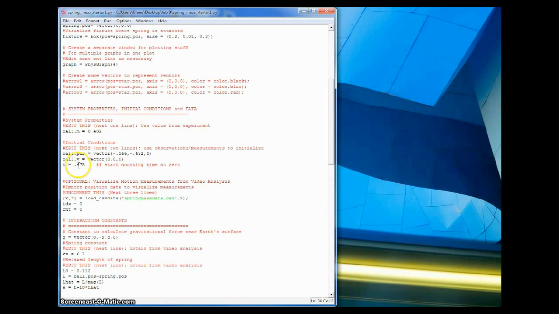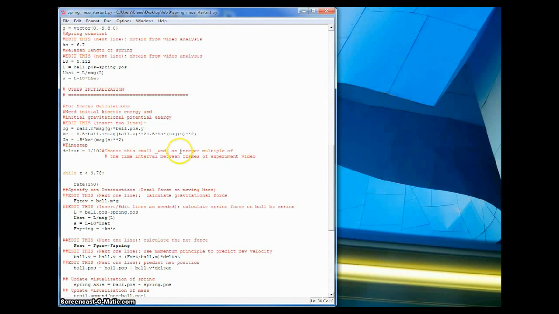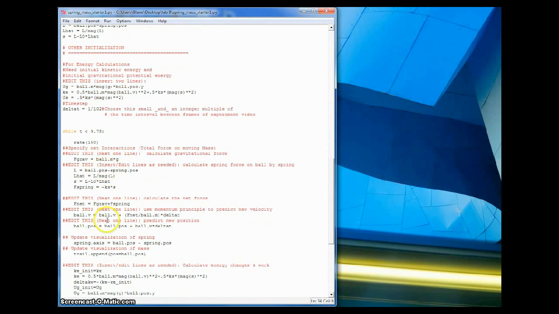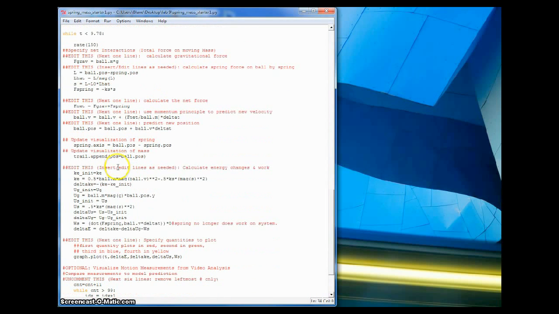I then start the simulation running at 0.475 seconds, which is the point at which we start gathering tracker data. After that, coming down and starting the simulation, as far as running the loop goes, is essentially the same setup that we had in lab. You don't really have to change much there. However, we do have to calculate the new energy that's going to be accounted for our spring potential, seeing as the spring is in the system and is no longer doing work, but has potential energy instead.